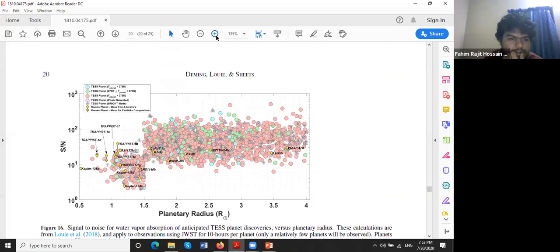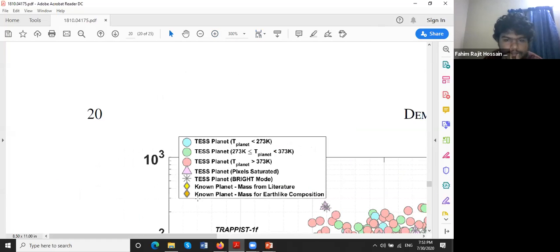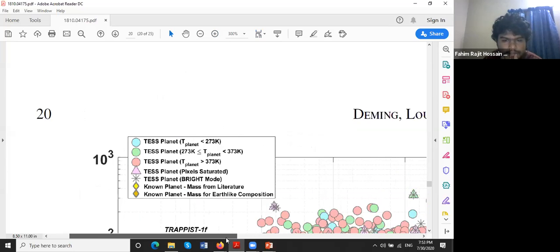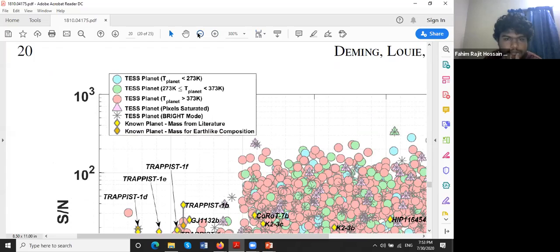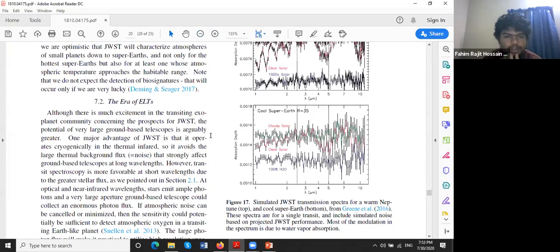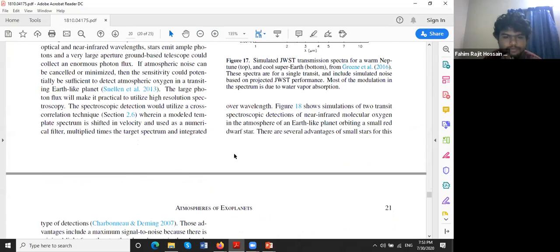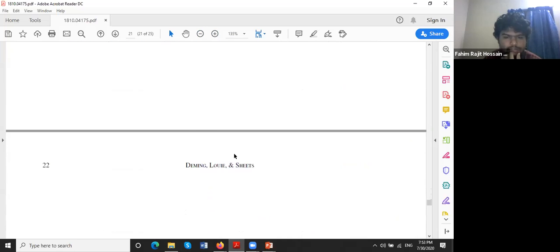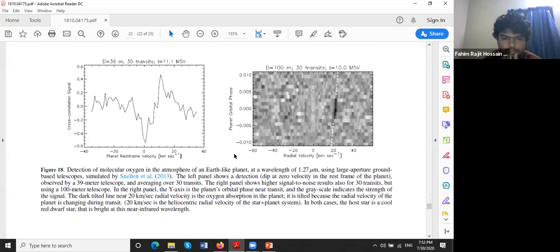There is again some time series analysis from a predicted model of shock and ELTs, and there is some molecular oxygen. This particular diagram is for the atmosphere of Earth: how we can use our solar system to predict and observe extrasolar systems in our universe.